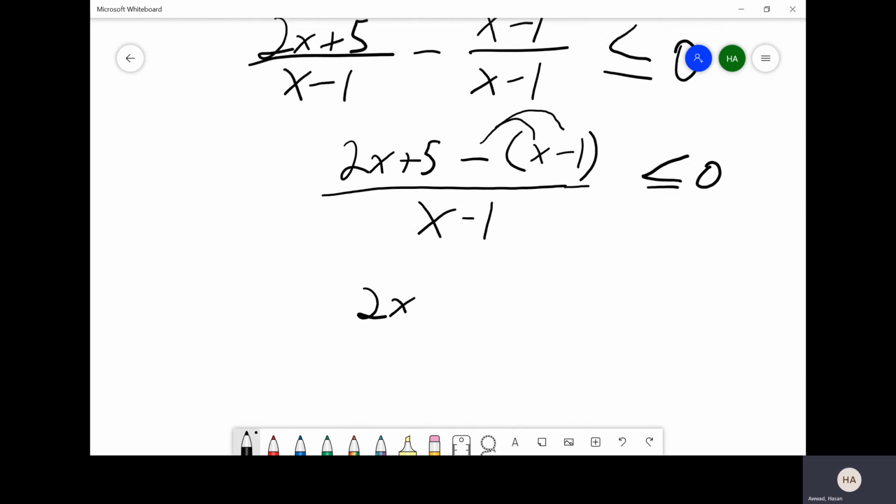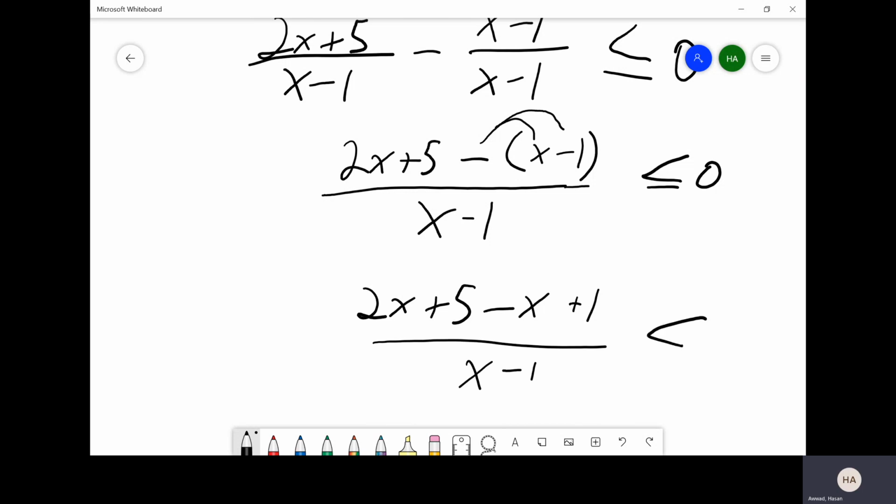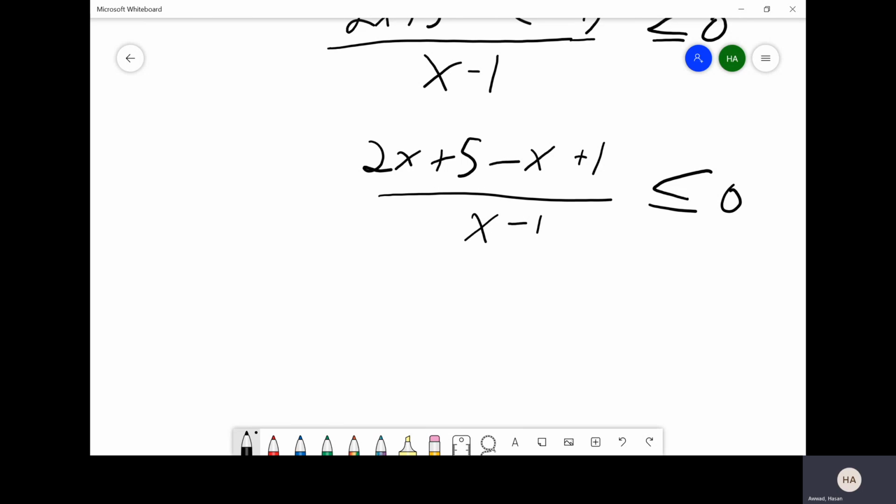And now we get 2x + 5 - x, right? Negative applied to the positive x gives us a negative x. Negative applied to the negative 1 gives us a plus 1. And this is all over x - 1, less than or equal to 0. Okay, we keep going. We get 2x - x, which leaves us with 1x. And we have a positive 5 + 1, which is plus 6, over x - 1.